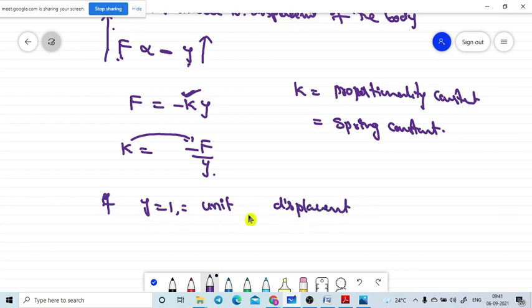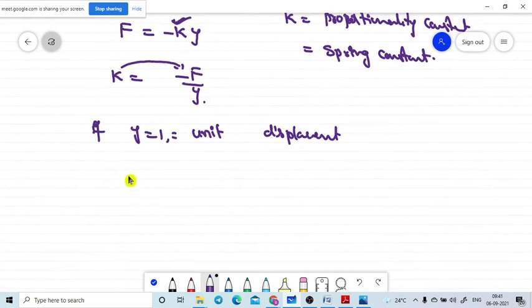One means unit displacement. What is meant by F? F is the restoring force. Then K can be defined like this: the restoring force per unit displacement is called the spring constant or force constant.